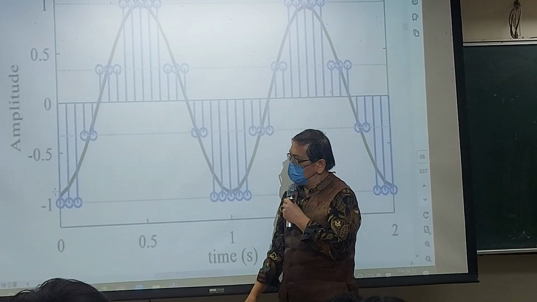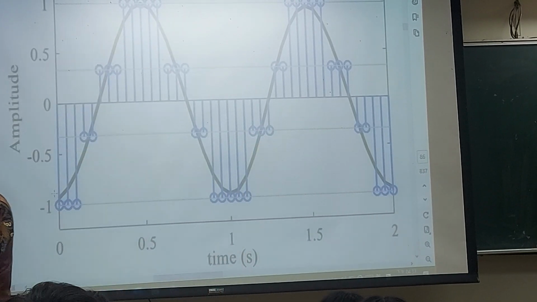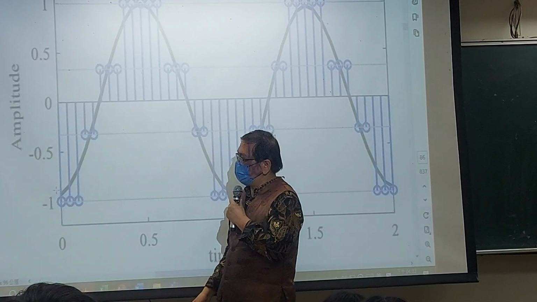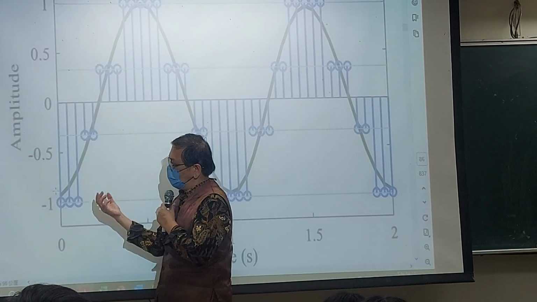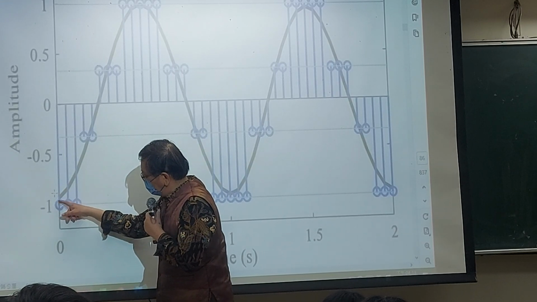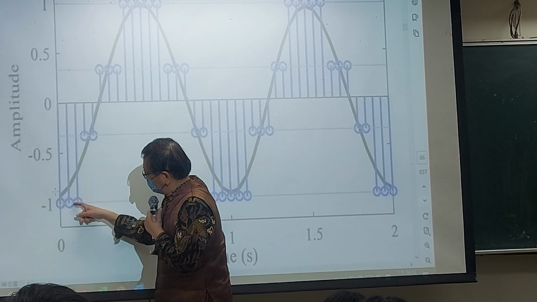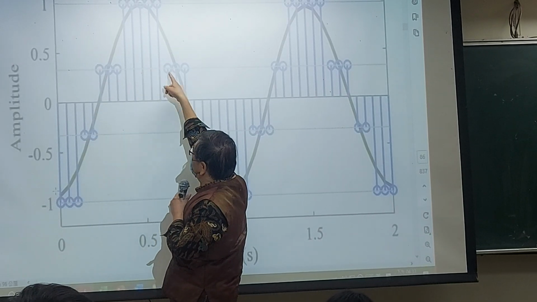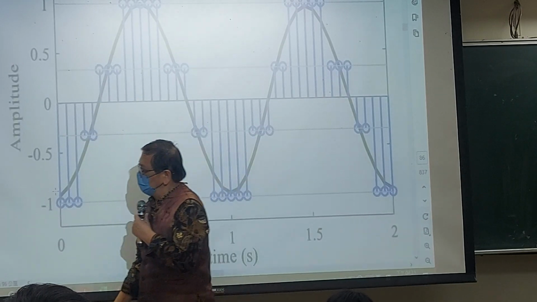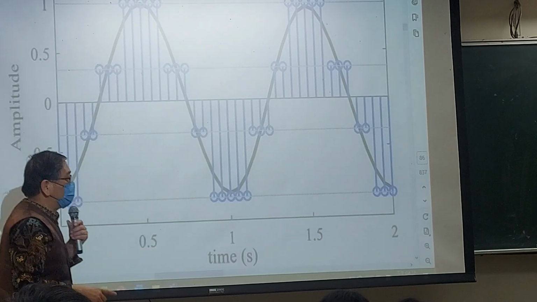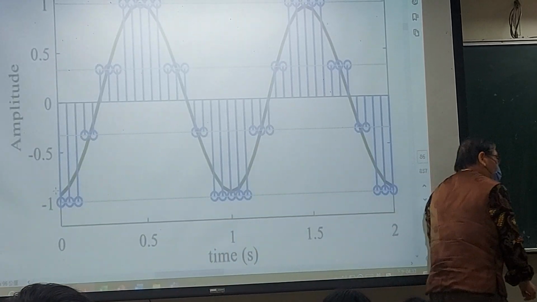But since it also goes through this quantizer, the memory or the device can store the value. At this point it will be this value after the quantizer. Okay, you see that it's different from this signal, very clear.